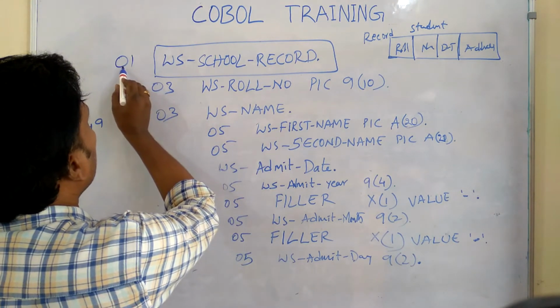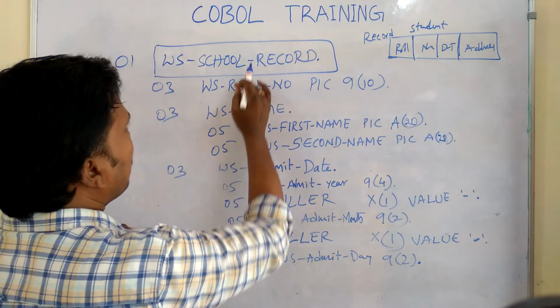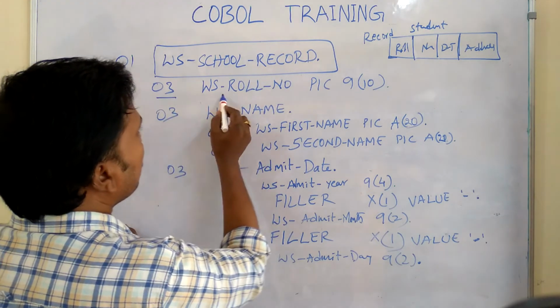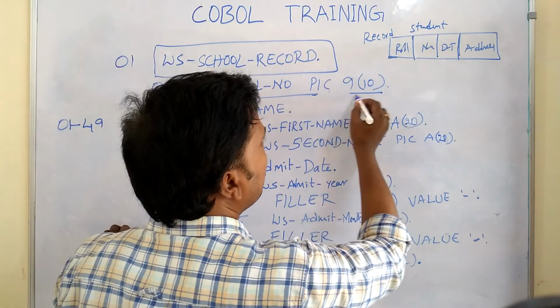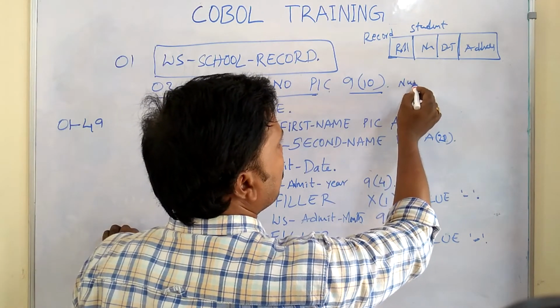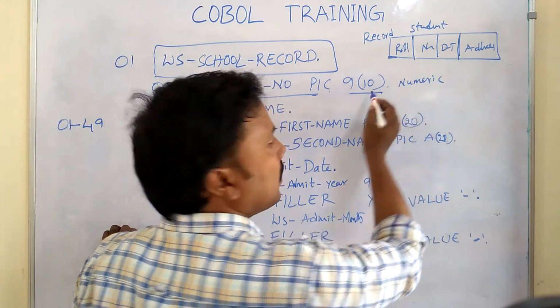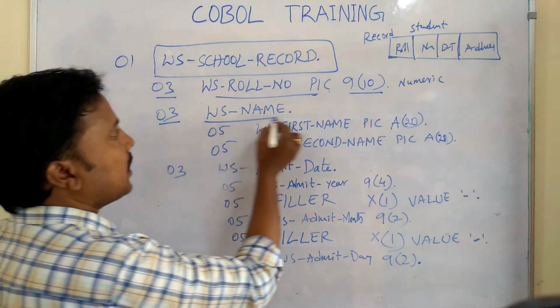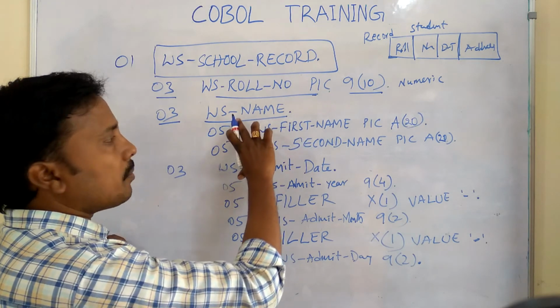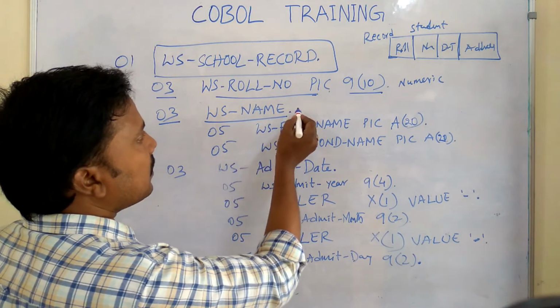So 01 WS-SCHOOL-RECORD, under school record we have 03 WS-ROLL-NUMBER, PICTURE 9(10), which means it takes only numeric values. Under this we have given 03 WS-NAME, but here again there are sub records.